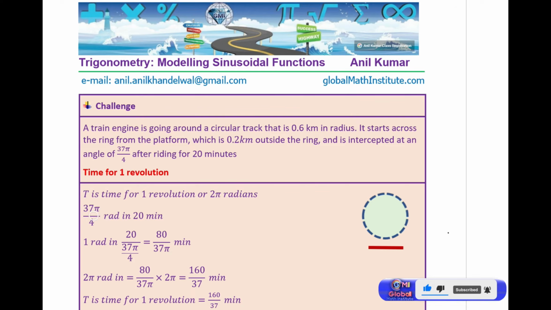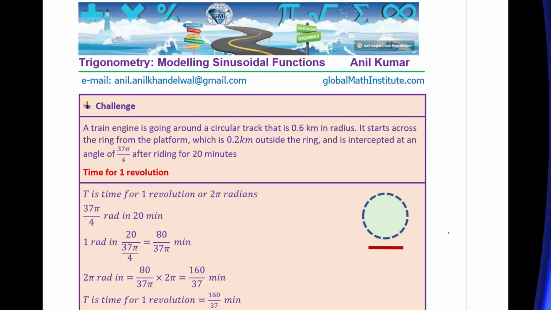We know 37 pi by 4 radians in 20 minutes. 1 radian will be 20 divided by 37 pi by 4, which gives us 80 over 37 pi in minutes. For 2 pi radians, we multiply that by 2 pi, giving us the time of 160 divided by 37 per minute. So the time period for 1 revolution is 160 over 37.